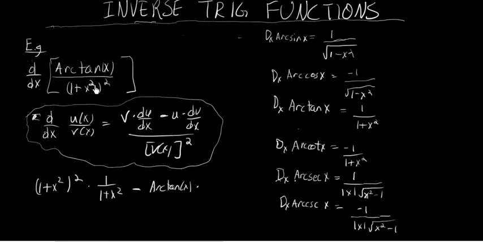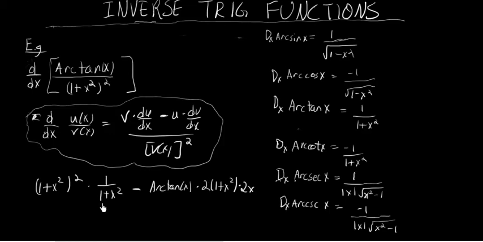And here, notice we'll have to use the chain rule because we have a function squared. So the derivative of that denominator with respect to x is going to be 2 times that function, which is getting squared, times the derivative of that function, which is here the derivative of 1 plus x squared is just 2x.